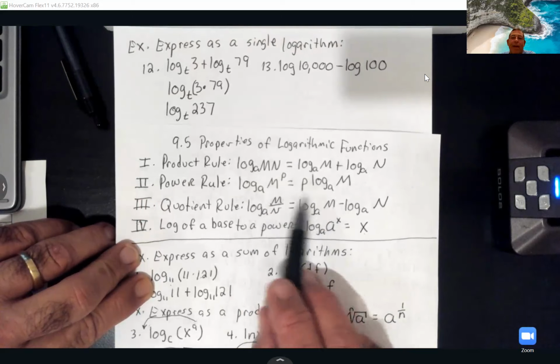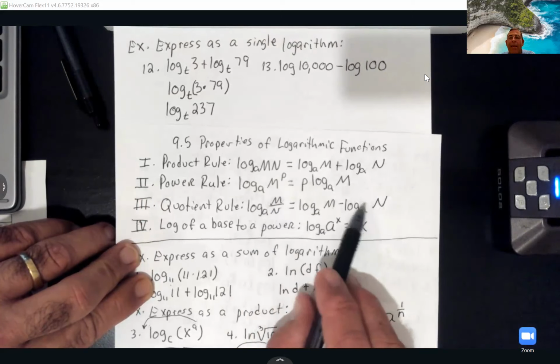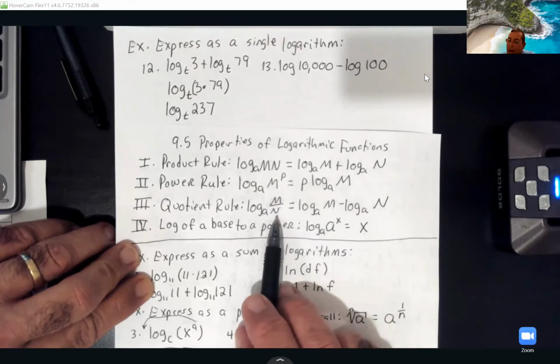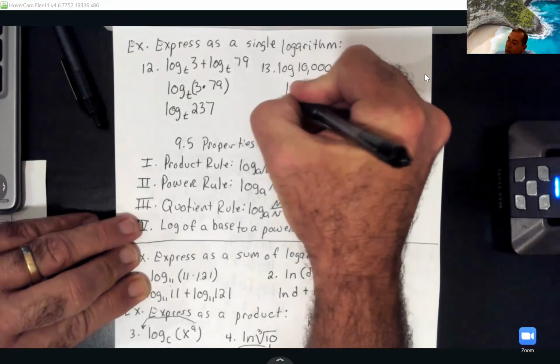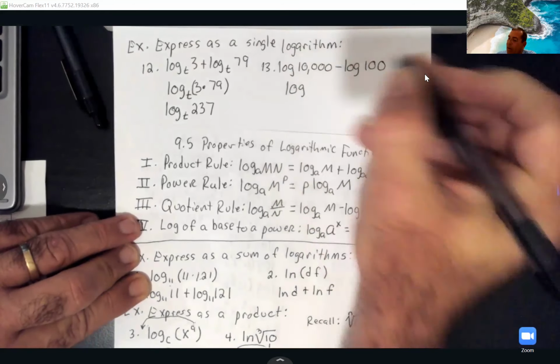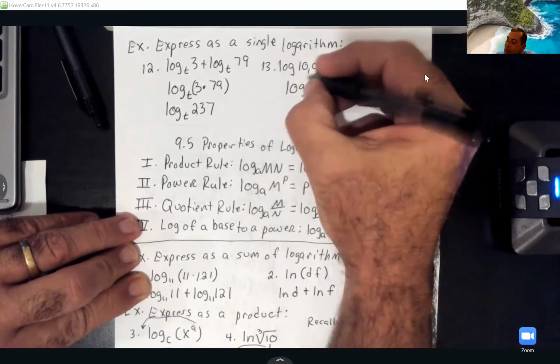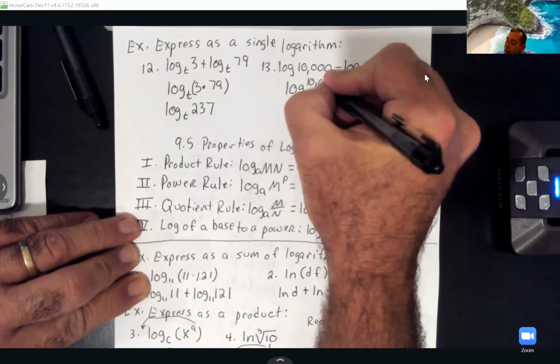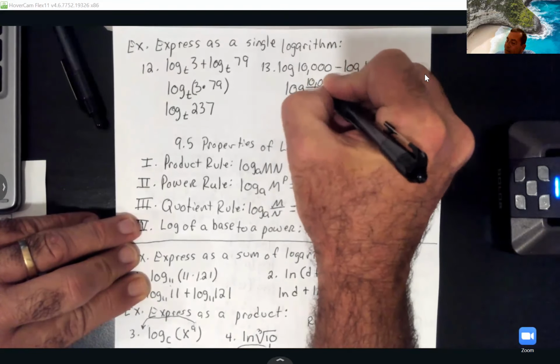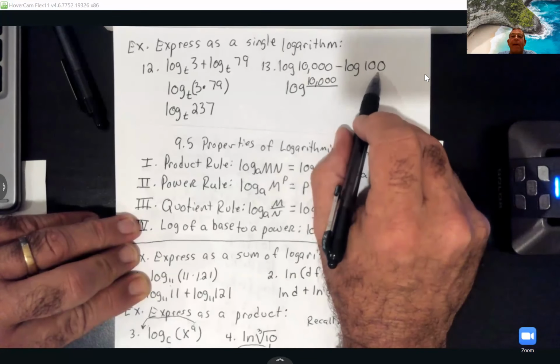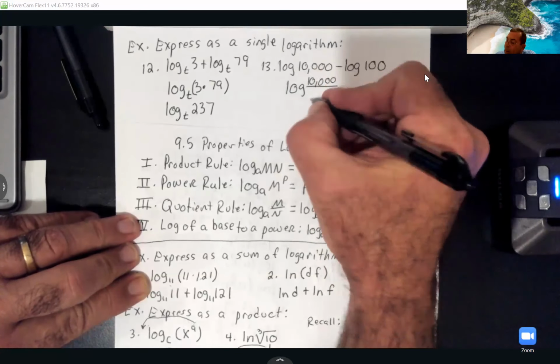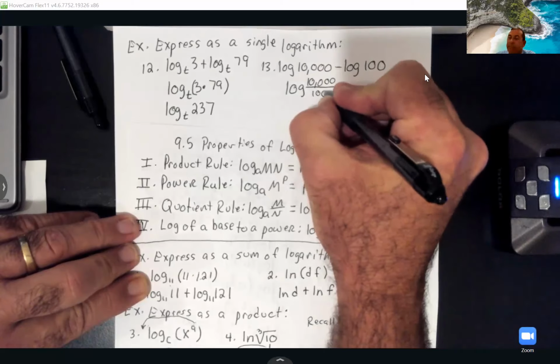The positive factor went on top. The negative factor will go to the bottom. So we'll have our log. On top will be the 10,000 divided by the negative factor, which goes to the bottom, which is the 100.